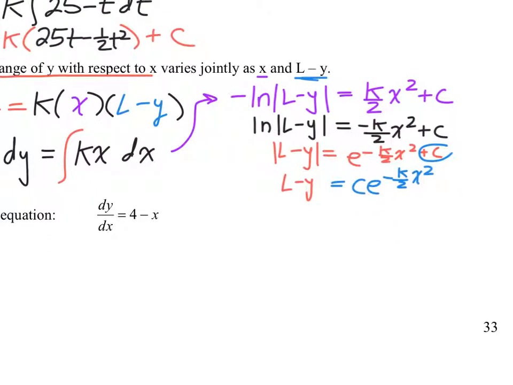And then the final step would be just to get y alone, which may be broken into more than one step. But if I subtract L from both sides and then negate both sides, bless you, we'd be looking at something like that.